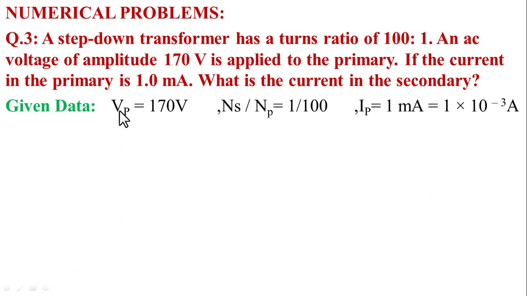Voltage on primary coil Vp is equal to 170 volt, and ratio of Ns over Np, because the given transformer is a step-down transformer, so we write Ns over Np, number of turns on secondary coil divided by number of turns on primary coil, is equal to 1 divided by 100, and current on primary Ip is equal to 1 milliampere.